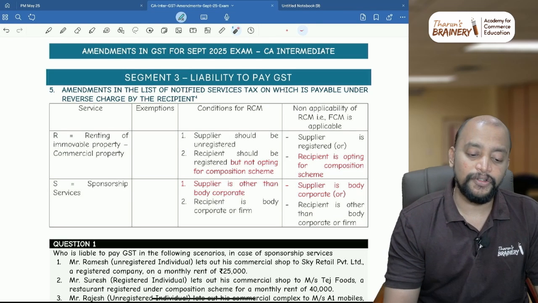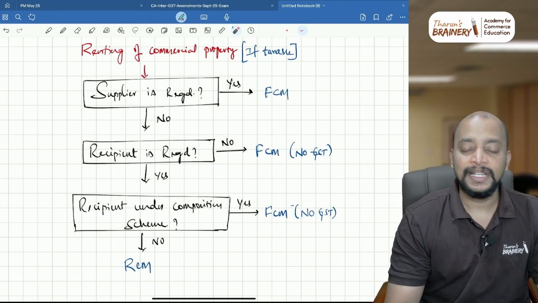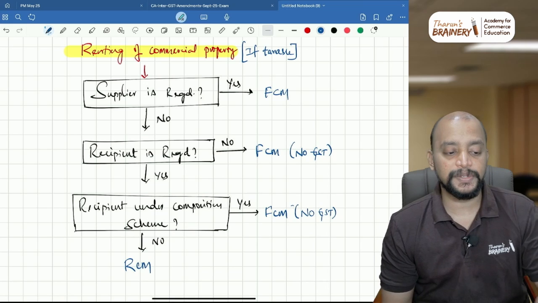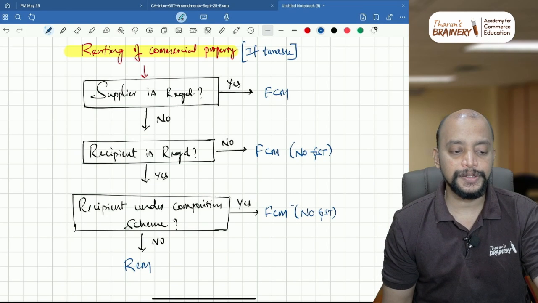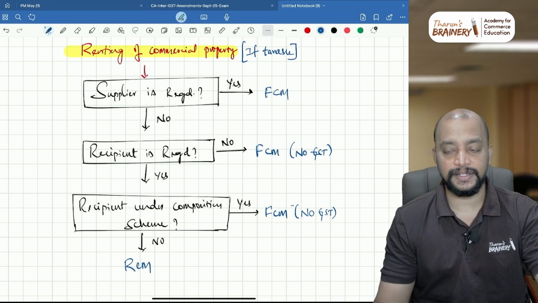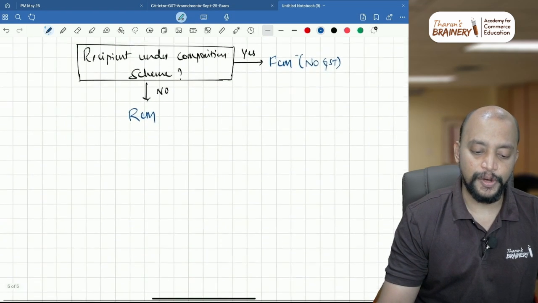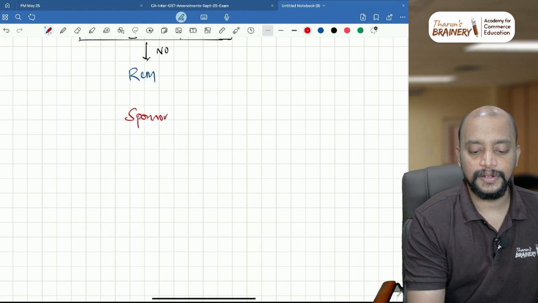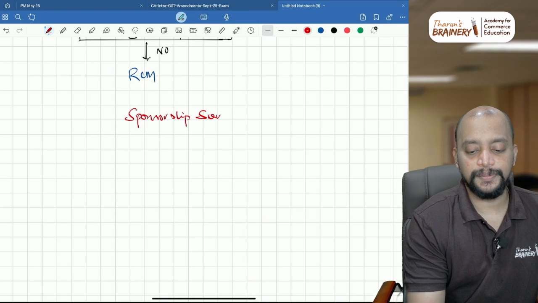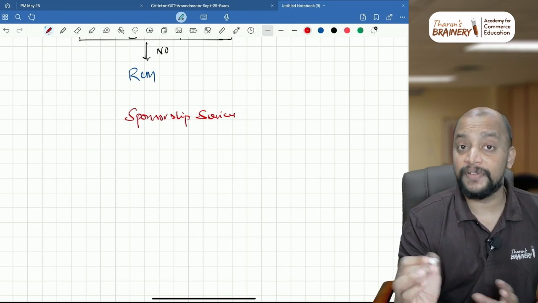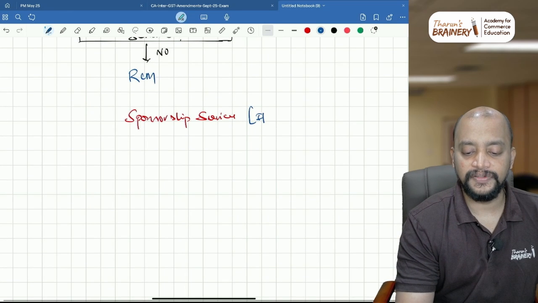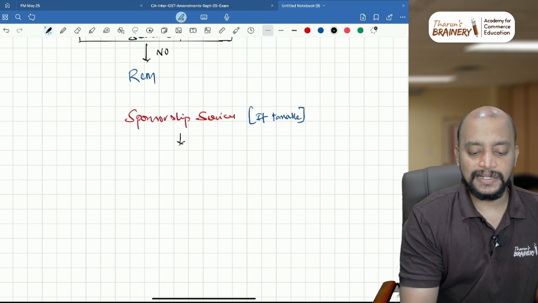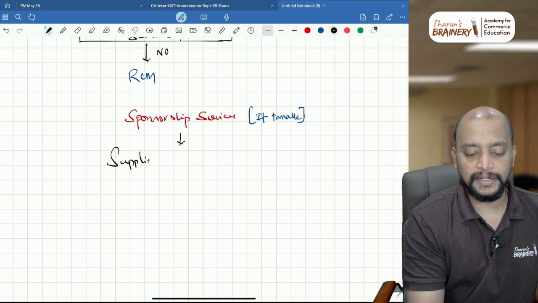In the same way, we will see the flowchart for sponsorship services. This was for renting of immovable commercial property. Now we will see what should be taken for sponsorship services, provided it is taxable. First you need to see: supplier is body corporate?